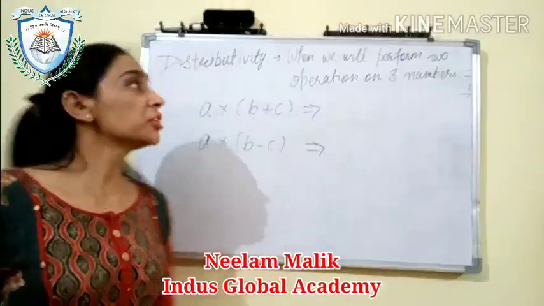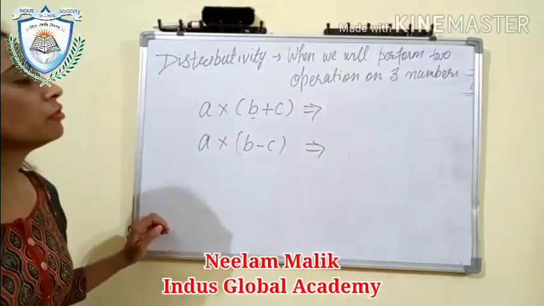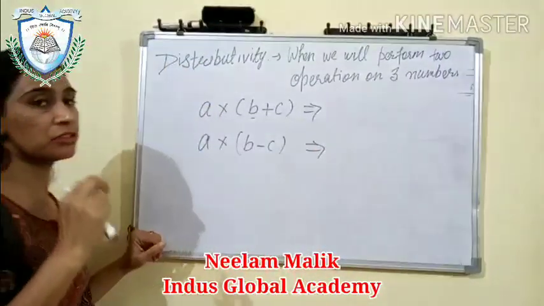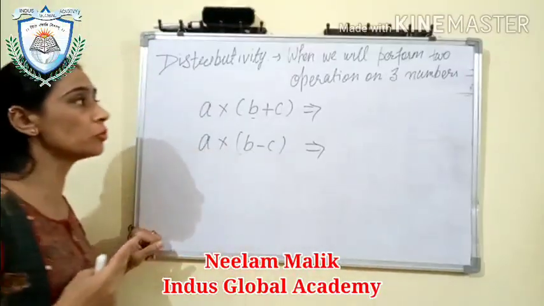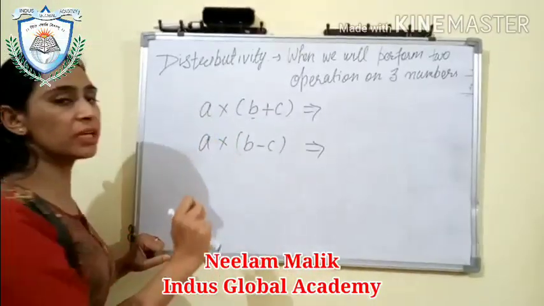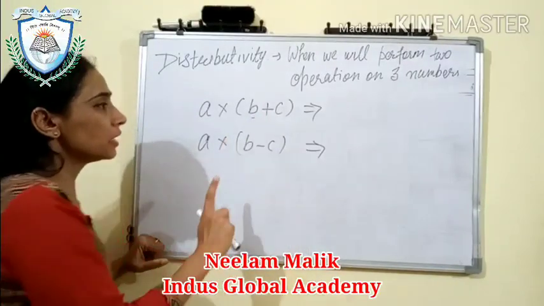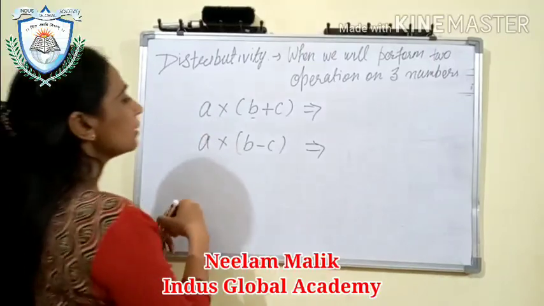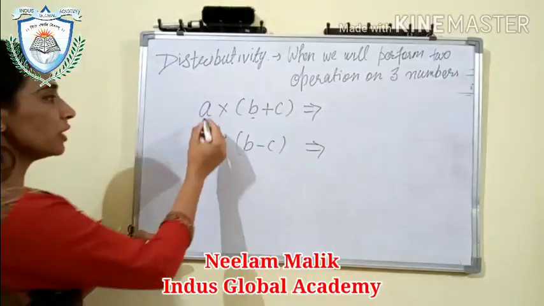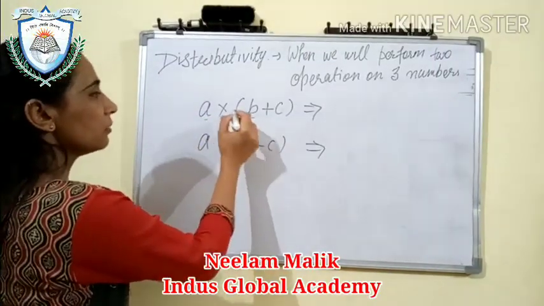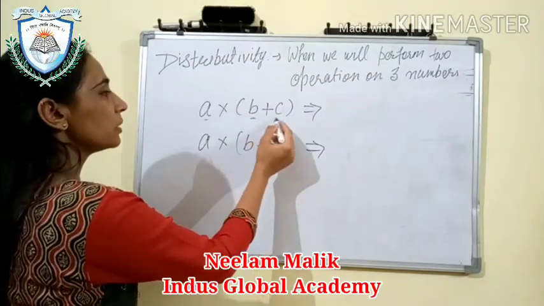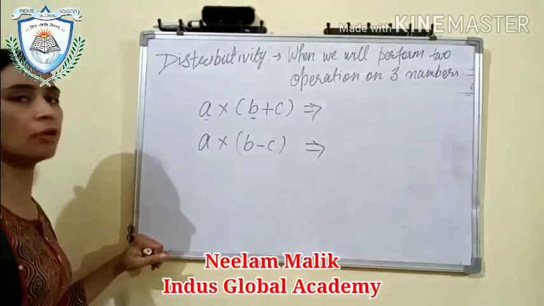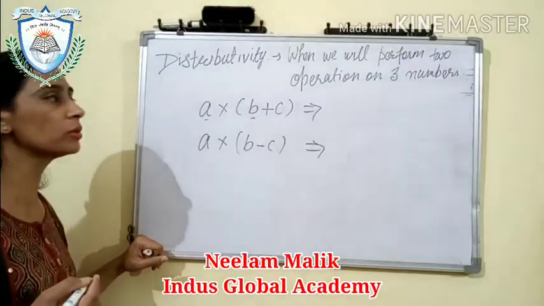So next is distributivity. When we will perform two operations on three numbers, means simultaneously we will perform two operations. One will be multiplication, another will be either plus or minus. So if any number is given in this form, means one number is given here and then multiplication sign, another is here, then plus or it may be minus sign, and then third number. So how you can break that number, how you can solve that number?